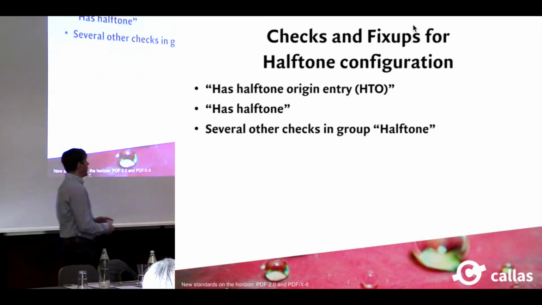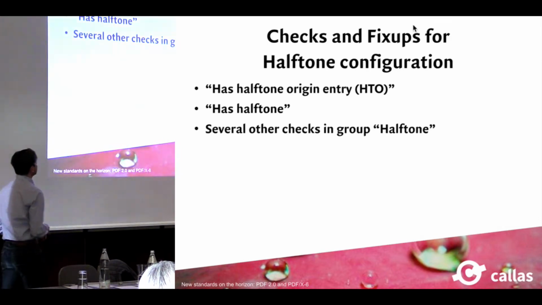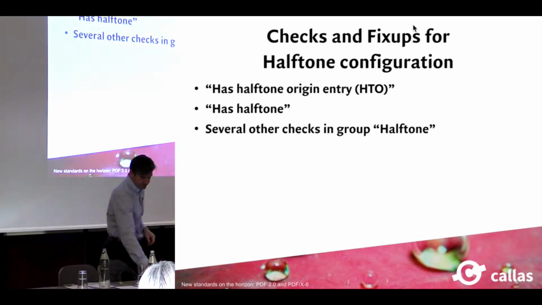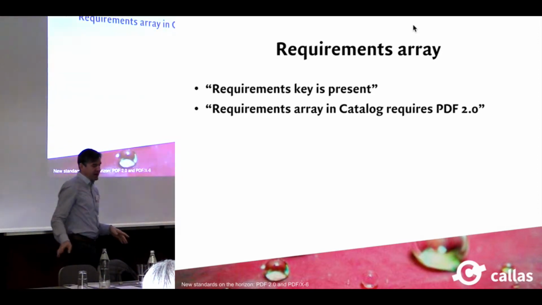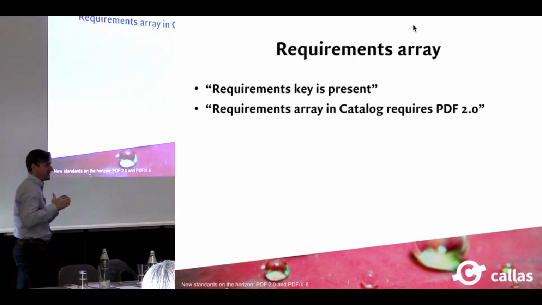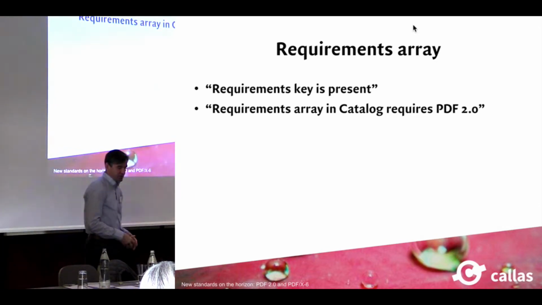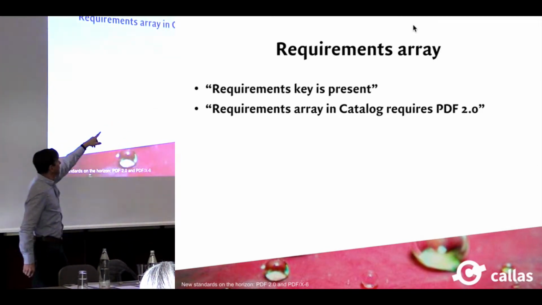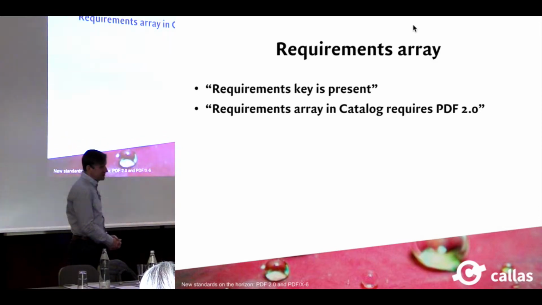And then again, there are a few checks for halftone information. And finally, last but not least, almost last, requirements. The requirements entry, you can also check for that one, whether this array has entries that require pdfToolbox.